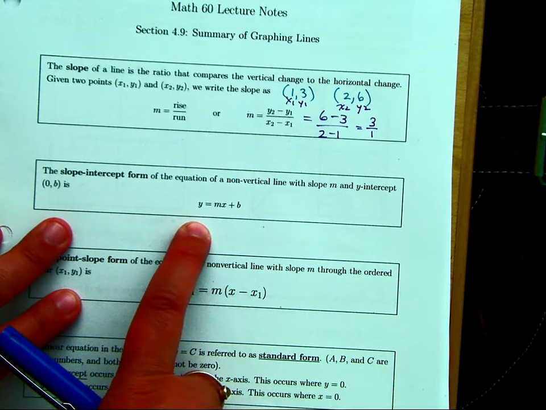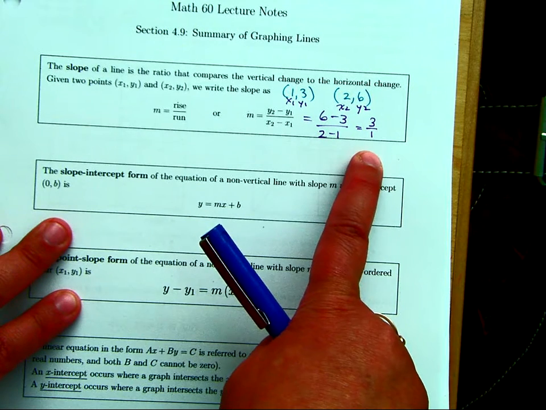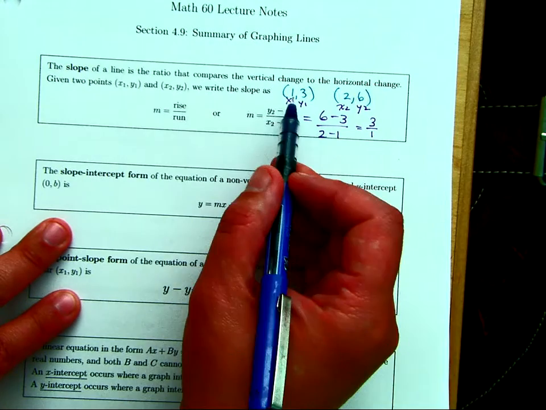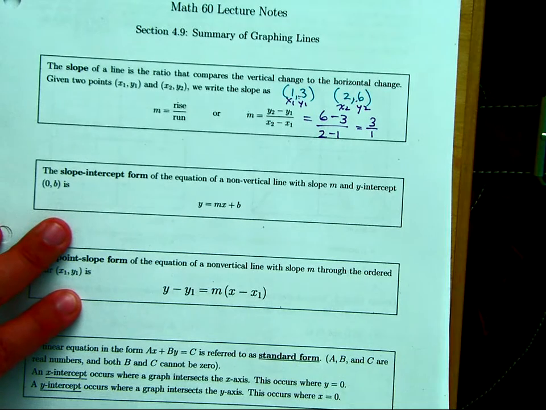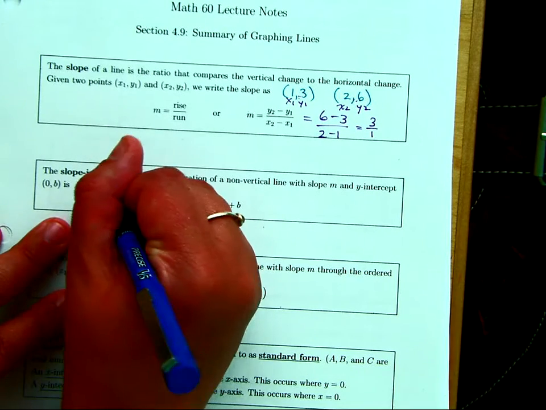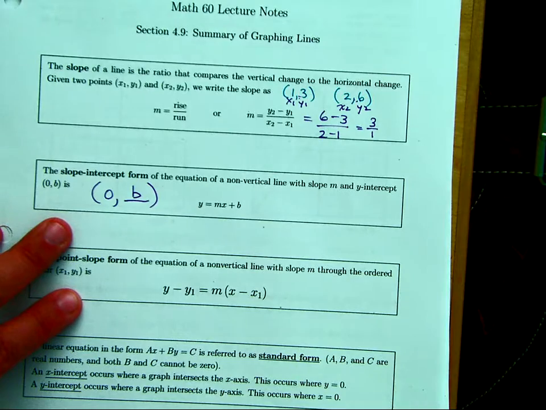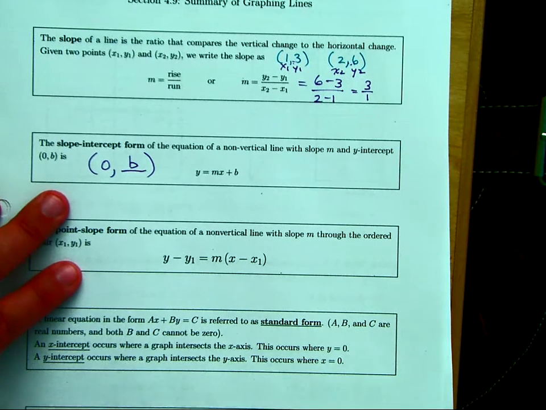Now, if I wanted to create the equation of the line, all I've calculated is the slope. If I want the slope y-intercept form, are either one of these points the y-intercept? How come they're not? Exactly. You have to have the point (0, whatever that number is) in order to figure it out. So we would skip this form.